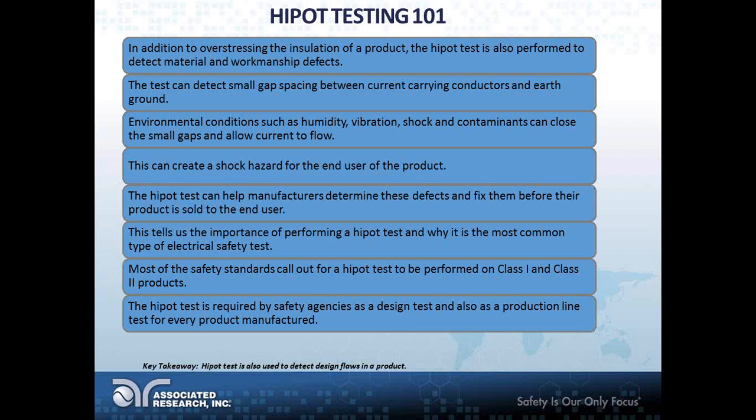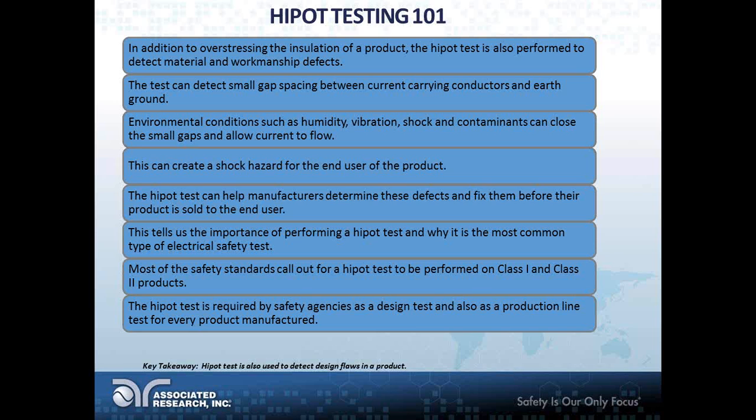As we all know, environmental conditions such as humidity, vibration, shock, and contaminants in the atmosphere can close the small gaps in the insulation and allow fault current to flow. This can in turn create a shock hazard for the end user of the product.